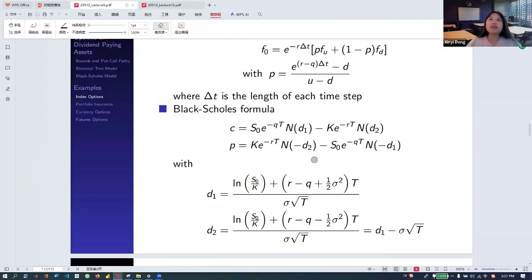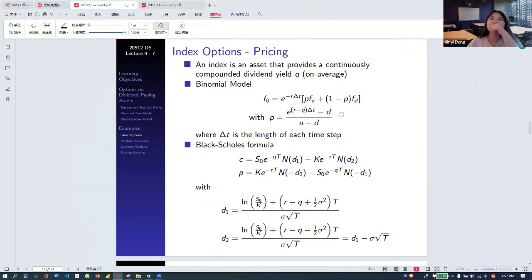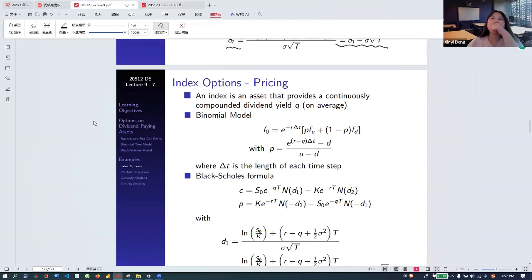So for index options, we have already derived this for the binomial model. What really changes is only the risk neutral probability. Instead of e to the power of r times delta t, now it's e to the power of r minus q times delta t.